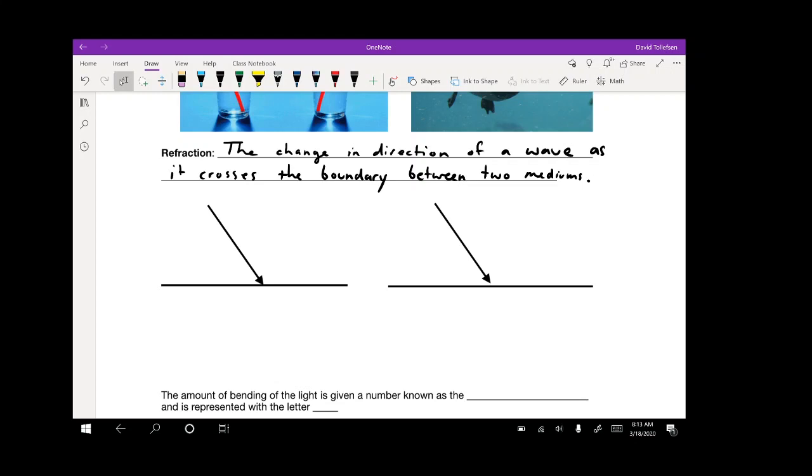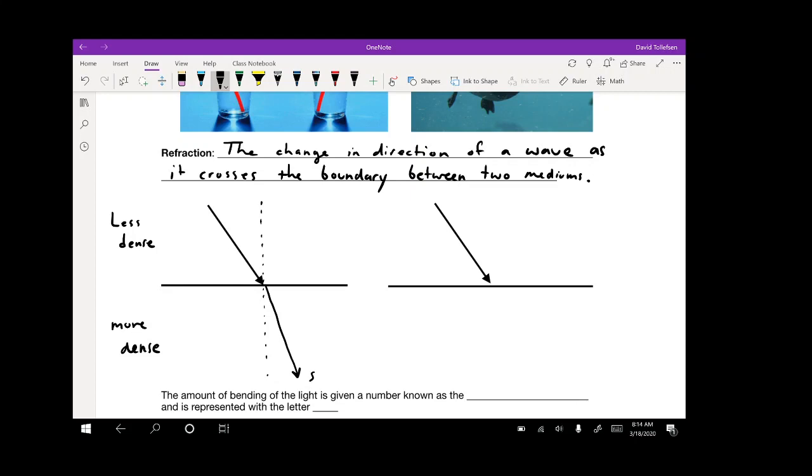So if it's going from a less dense substance to a more dense substance, so maybe from like air to water, air to oil to glass, air is pretty light. The light comes in, and if we draw our normal line, if it's going from less dense to more dense, it's going to bend inward.